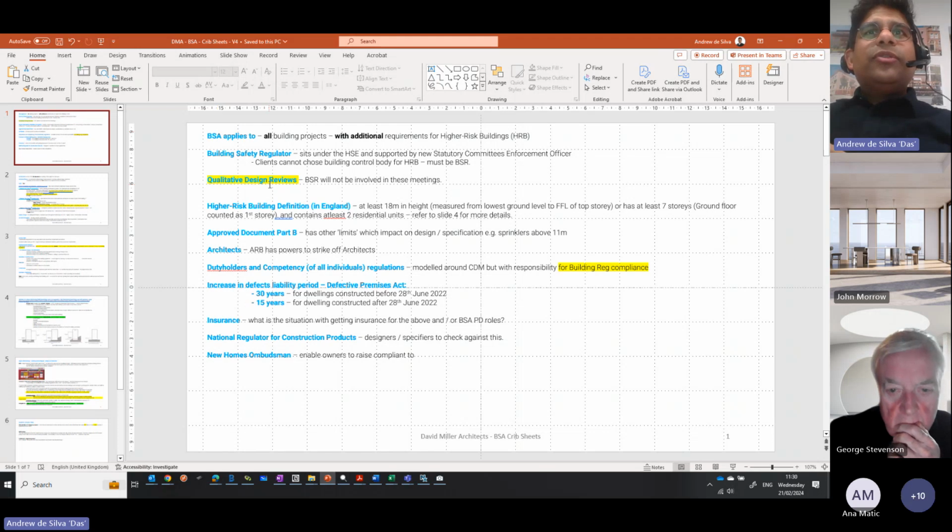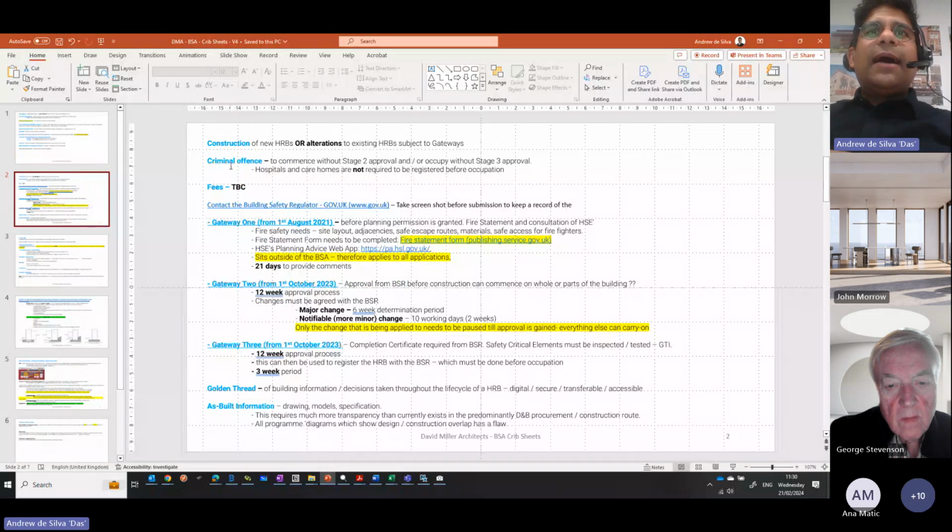I won't go through this line by line, but as far as I understand, I've tried to summarise the key components of the various acts that have come in. I've tried to condense. The yellow are new things that I've added, having listened to, for example, that HSE webinar.